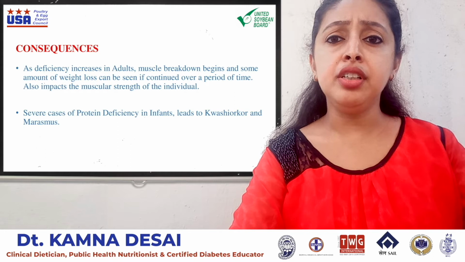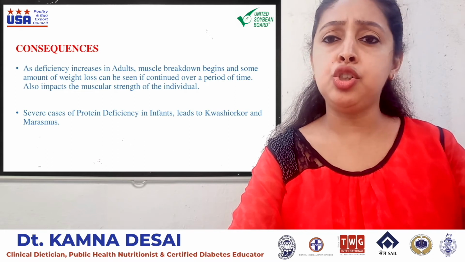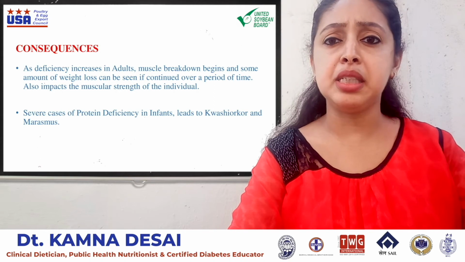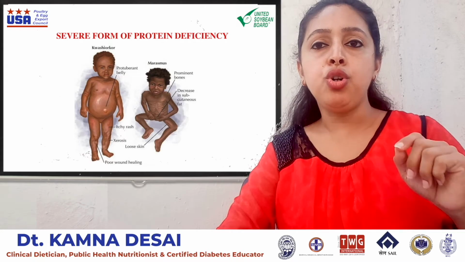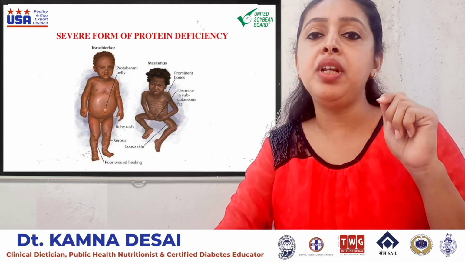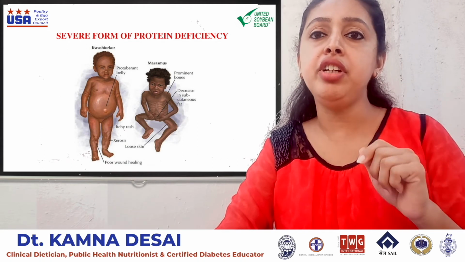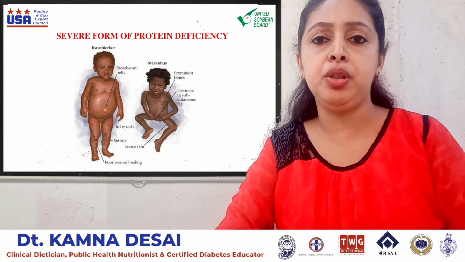Severe cases of protein deficiency would lead to kwashiorkor and marasmus in children, as you can see in the picture. Kwashiorkor is a severe protein deficiency with normal calorific intake, generally leading to muscle wastage and severe edema all over the body.